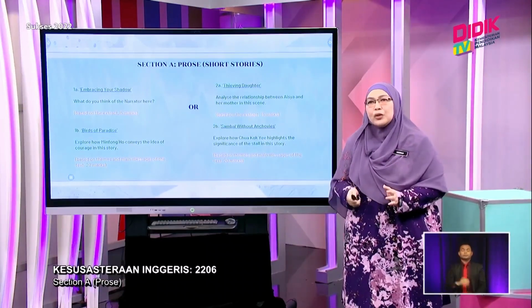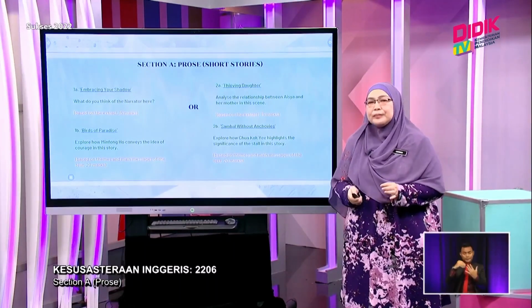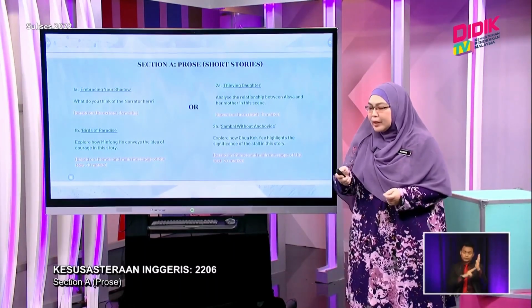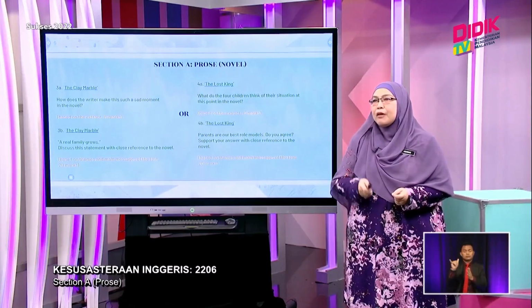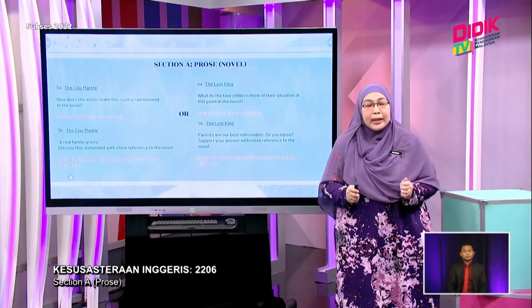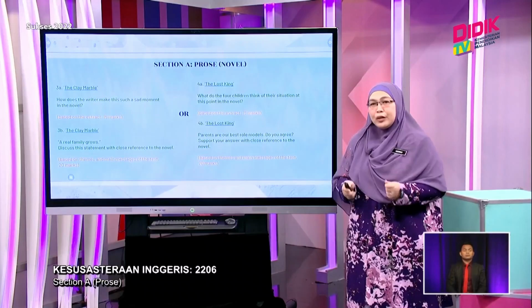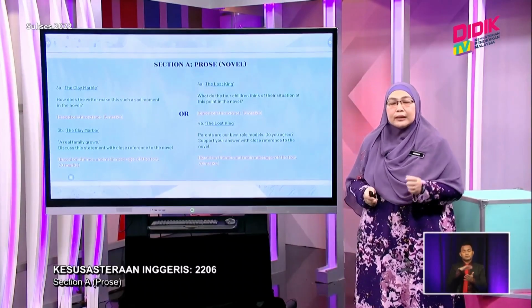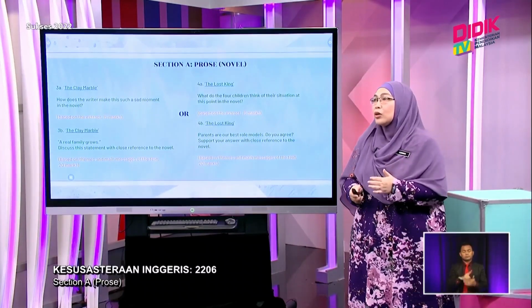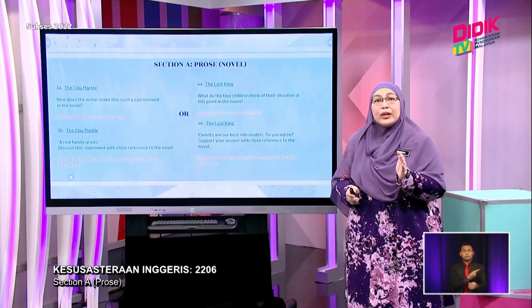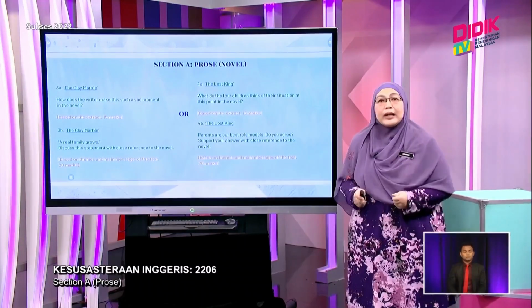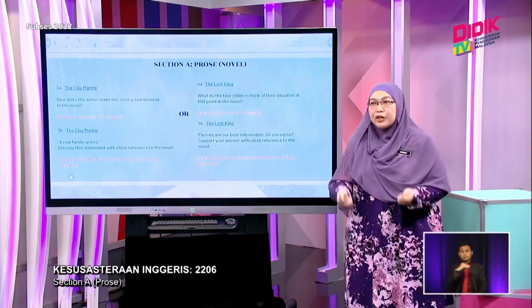Decide, make the choice, read through the question, and prepare. Likewise, for the novel, candidates going into the exam hall already know whether they are going to answer based on Clay Marble or The Lost King. So they're going to zoom in and quickly prepare for their response.